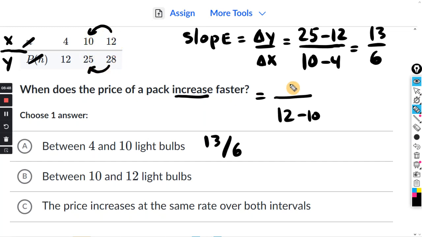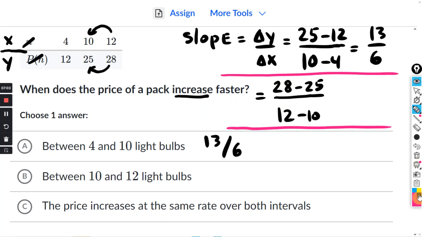Notice I am subtracting in the same direction in both cases. 28 minus 25 is in the numerator for the change in y. So 28 minus 25 is a 3. 12 minus 10 is a 2. So we're looking at 3 halves right there.